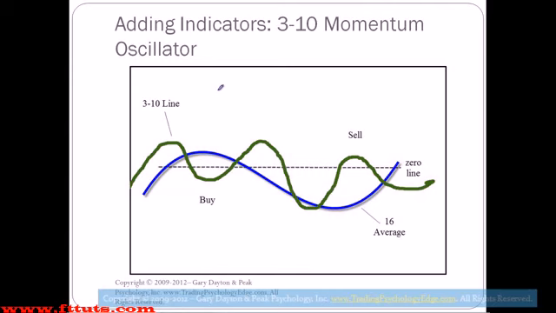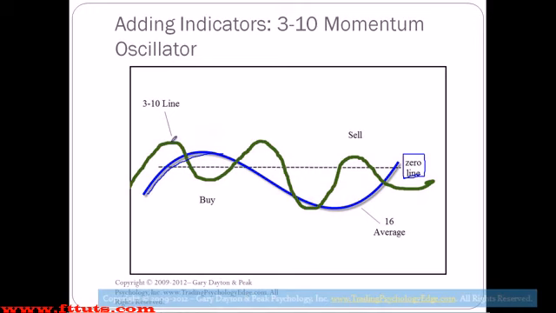How we use this, and how we're going to talk about using this tonight, is to think about when the 16 average is above 0. Okay, here's our 0 line. When it's above 0, it means the market is likely to be trending up.